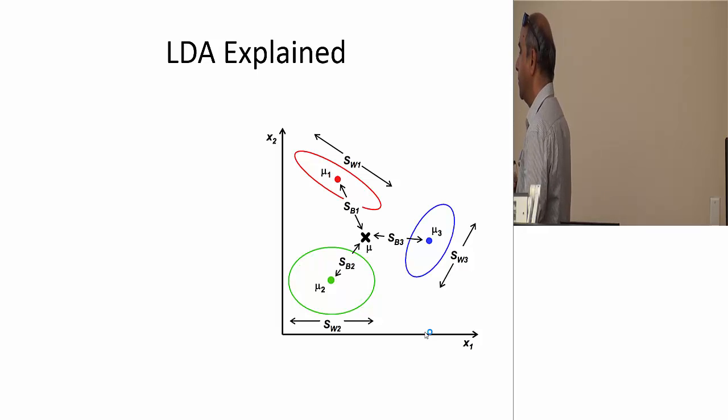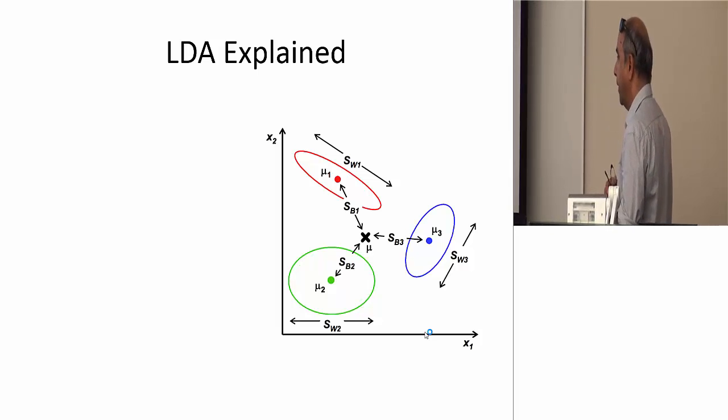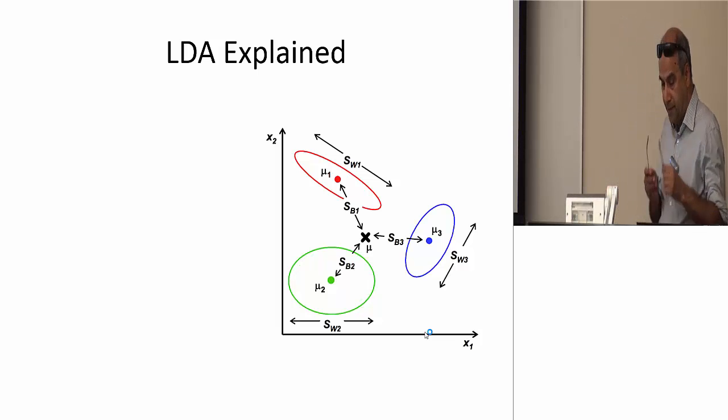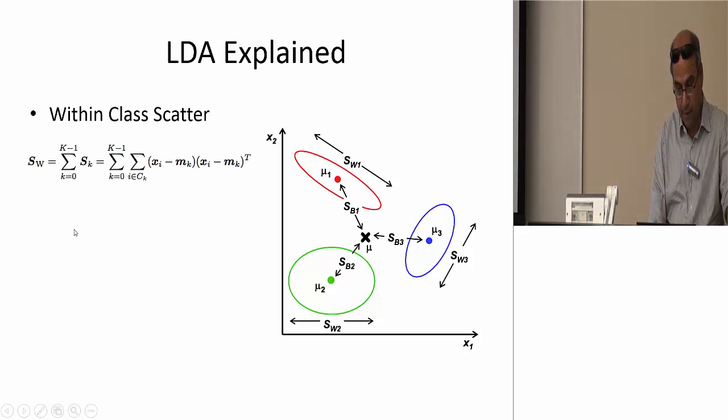And mu in the center, shown as the cross, is the global mean of the whole data. And then we have these SB. SB1 is the between class for class 1, SB2 is between class for class 2, and SB3 is for class 3. So that's what this does.